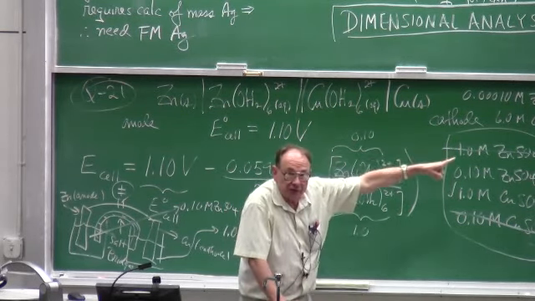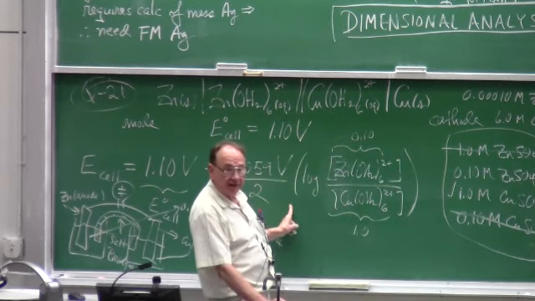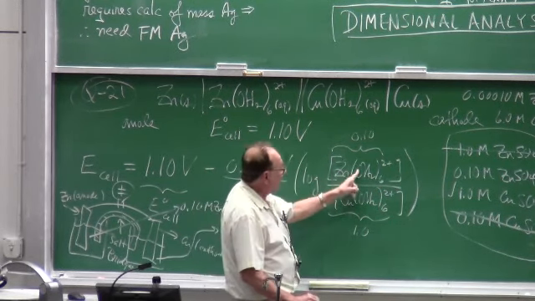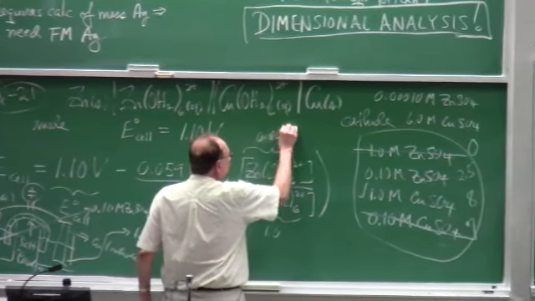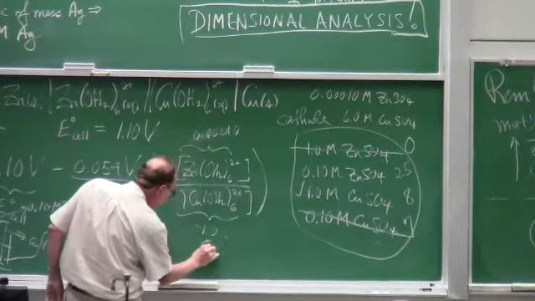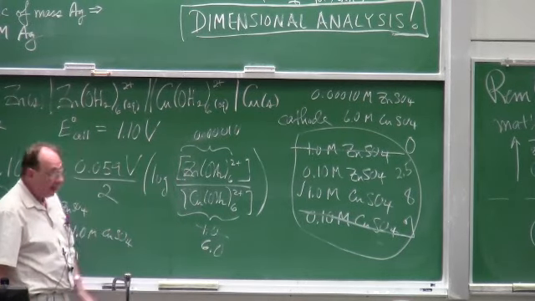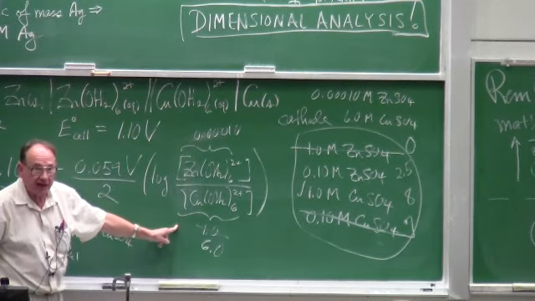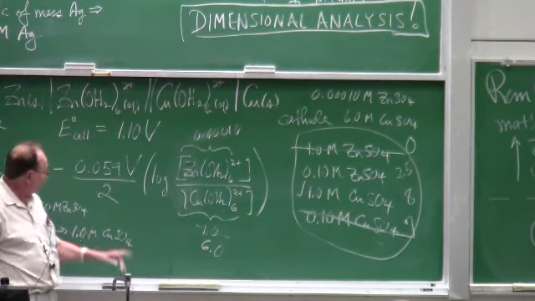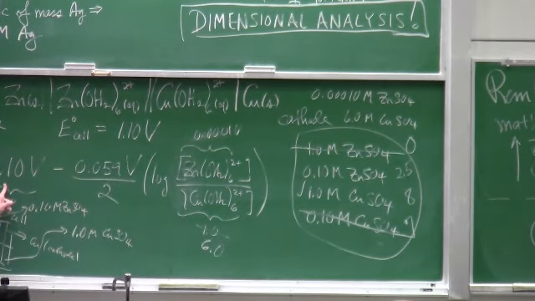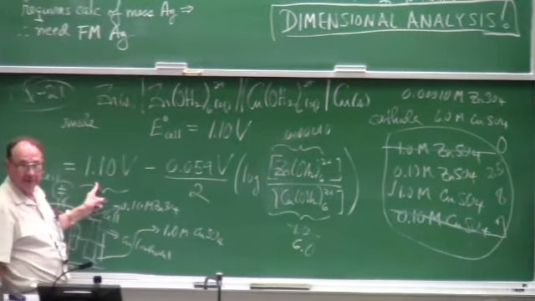Now if I use these solutions, I'm going to beat the hell out of this cell, because now up top I'd have this, and down here I'd have this, and that's a lot smaller number than what we just had. So now when I play this arithmetic game, I'm going to get a much bigger term to add to E0 cell, and in so doing make E cell all the bigger.